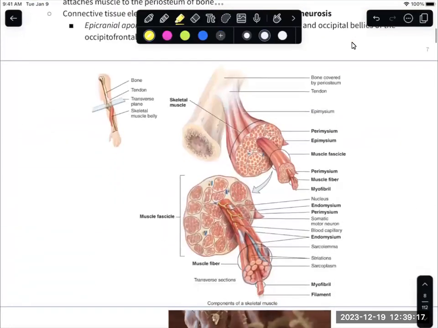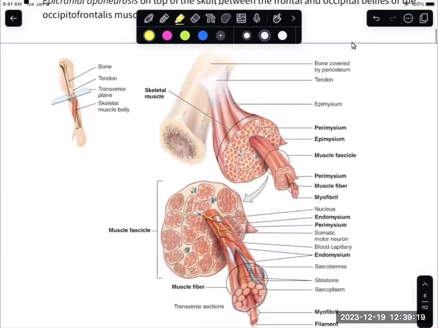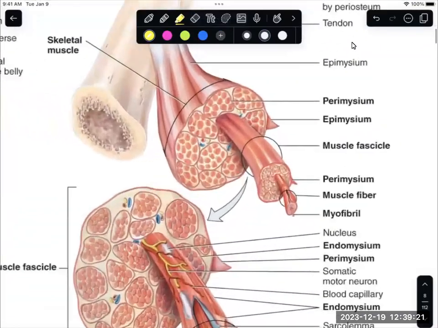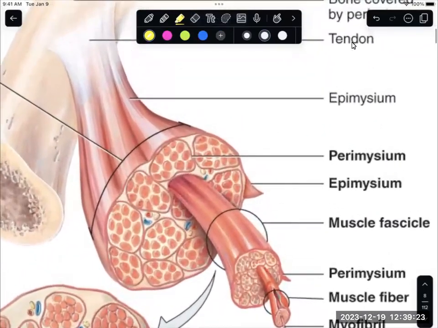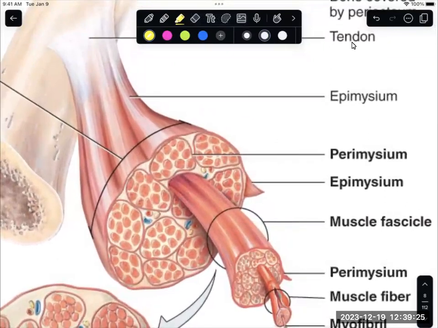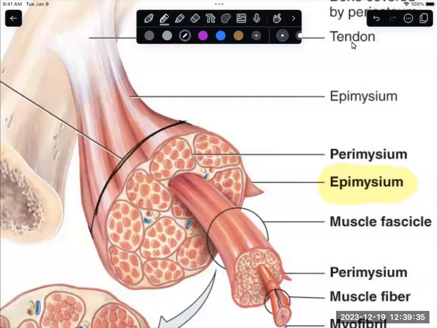So let's look at this picture here. This first one. So what is going to wrap around, that was big, each in this entire muscle. This entire muscle here is wrapped in this epimysium.